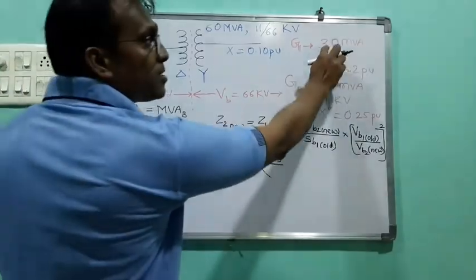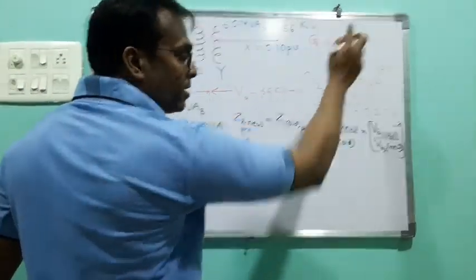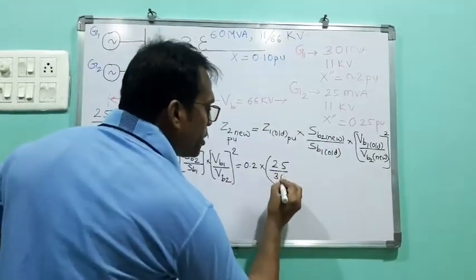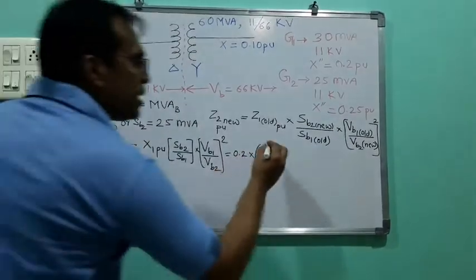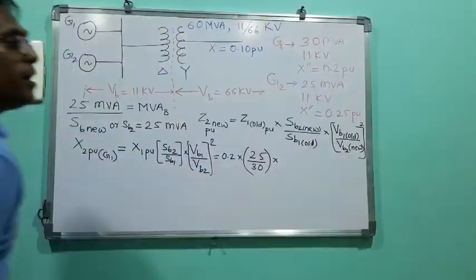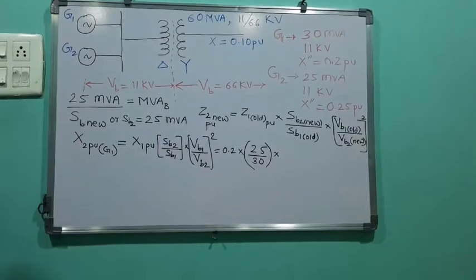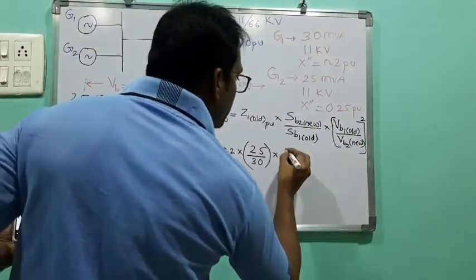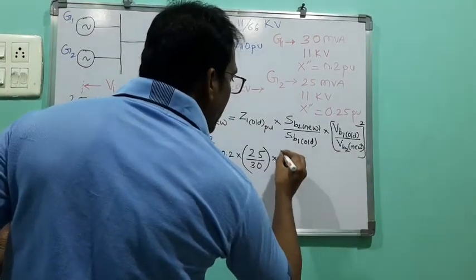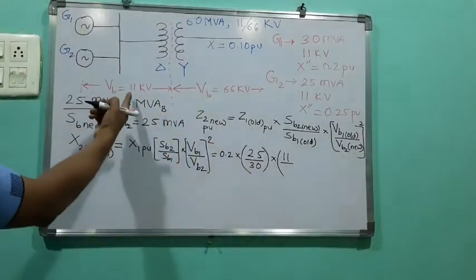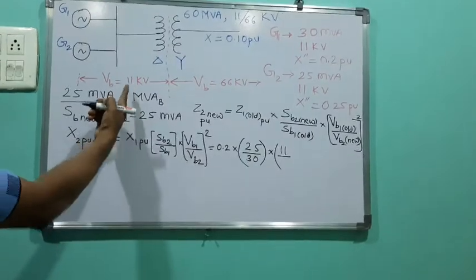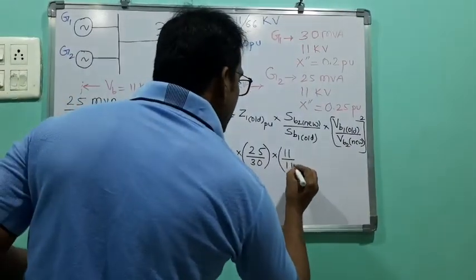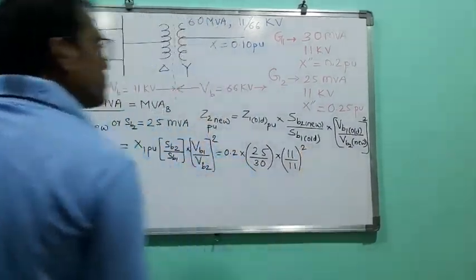SB1 is given, this is 30 MVA, the generator rating. Then VB1 is nothing but 11 kV, divided by the base, which is 11 kV again, and that is whole square.